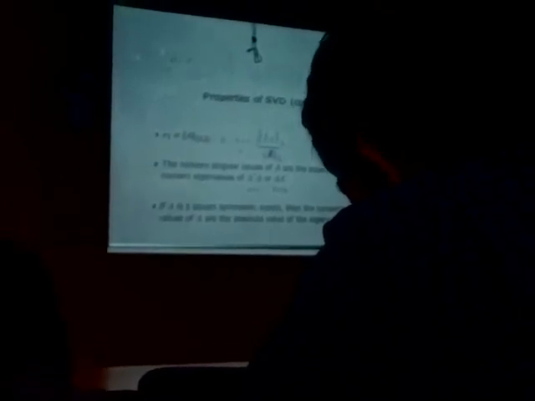This is almost immediate. Because you write A as U sigma V transpose, and then for example, you take A A transpose. So you take the transpose of A, so let's do this step by step. Okay.